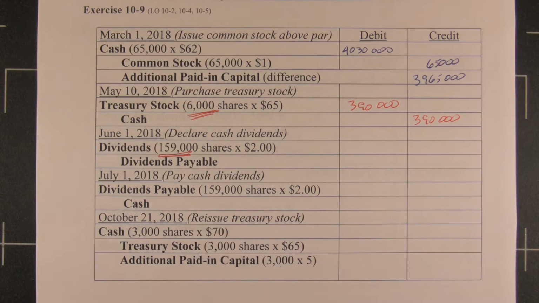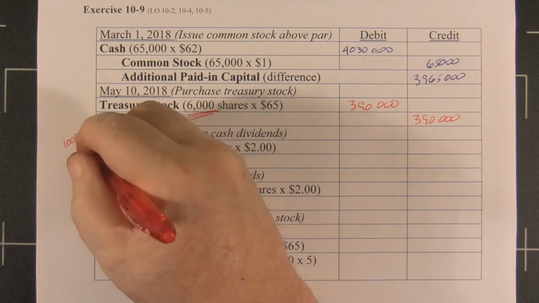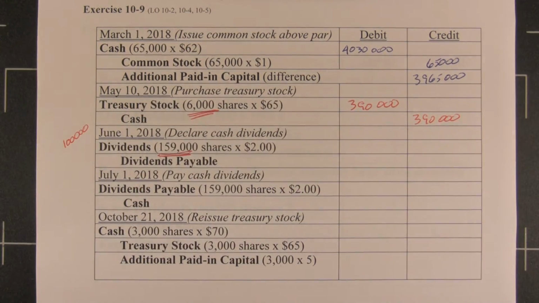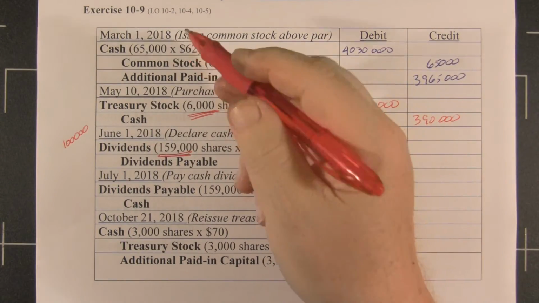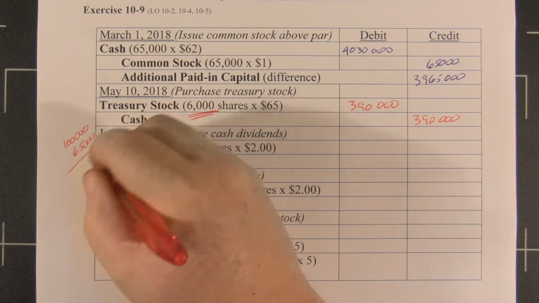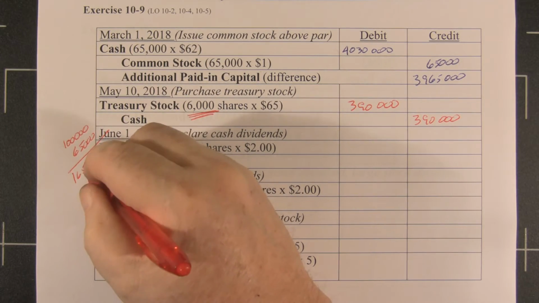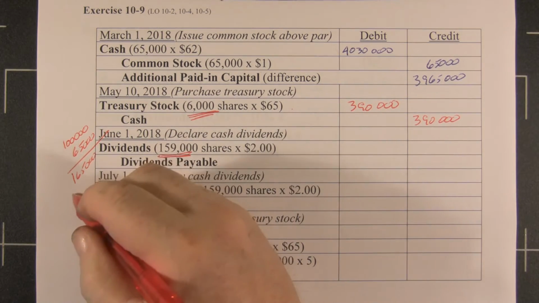Treasury shares do not participate in dividends. So we had 100,000 shares at the beginning of the year. We sold 65,000 additional shares. So that's 165,000. But we bought 6,000 back.